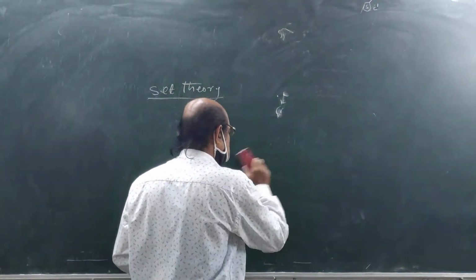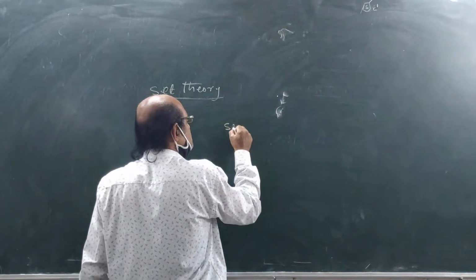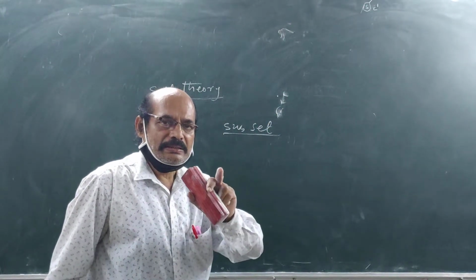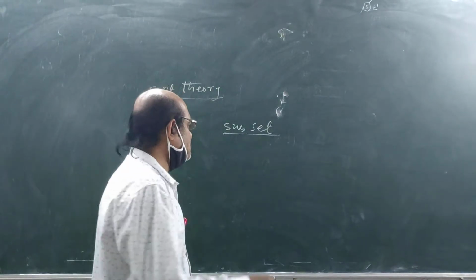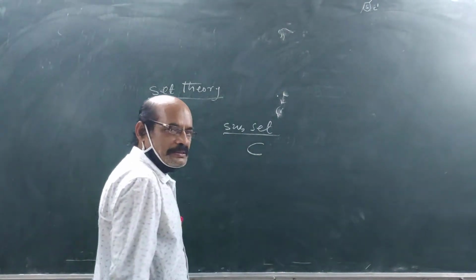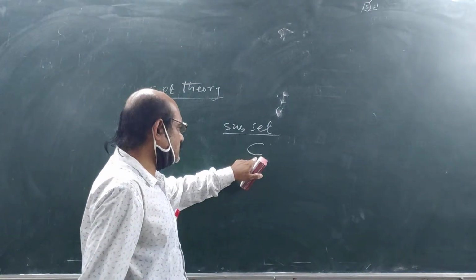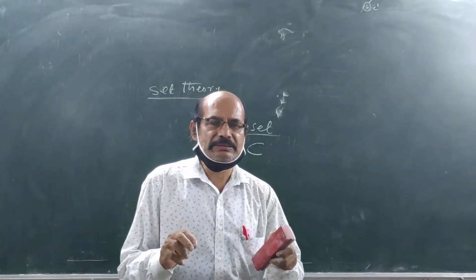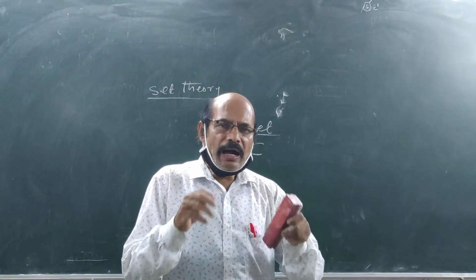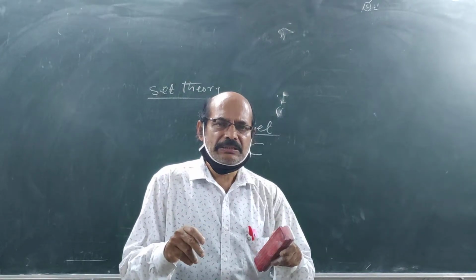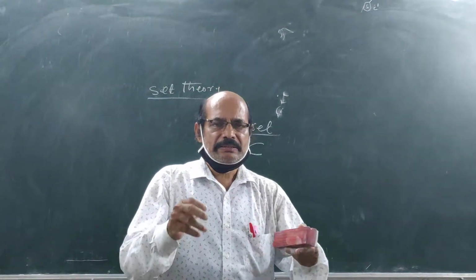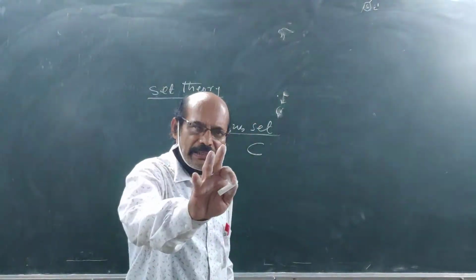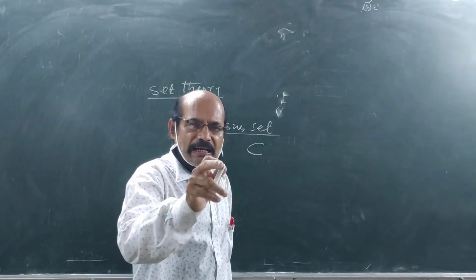Now we will discuss subset. The symbolic representation of subset is ⊂. This is known as subset. How to define a subset? A subset is defined as: if all the elements of a set are in another set, then the first set is known as a subset of the second set. If I take an example, you can clearly understand.